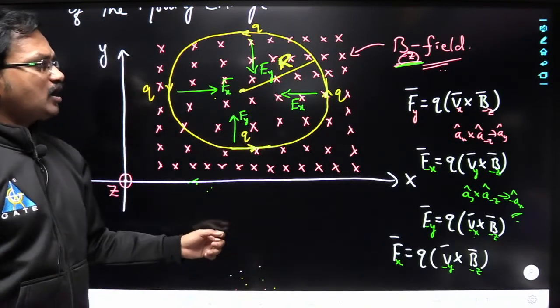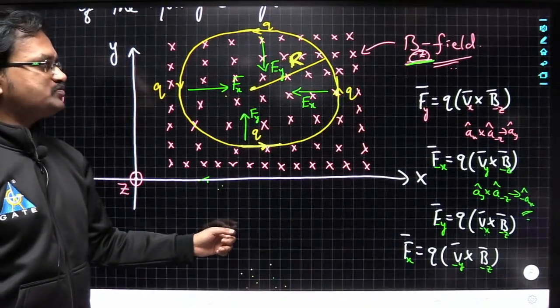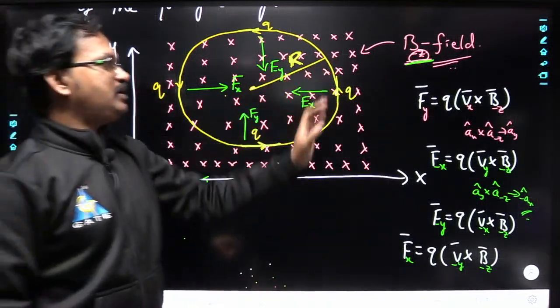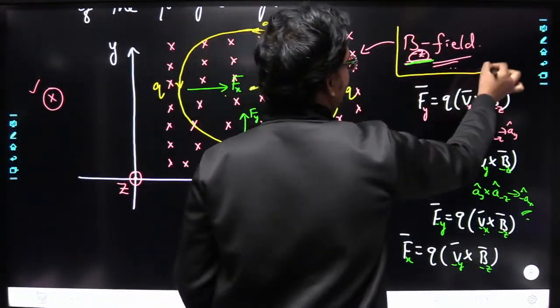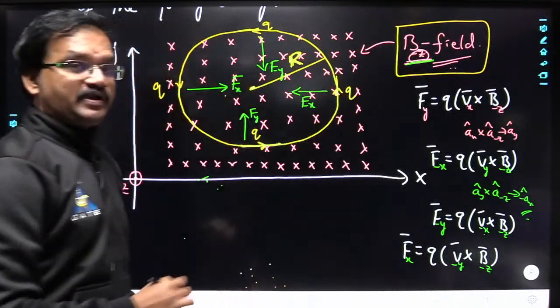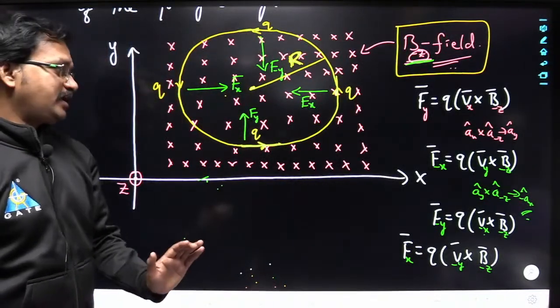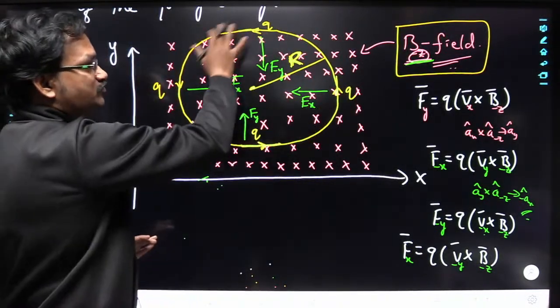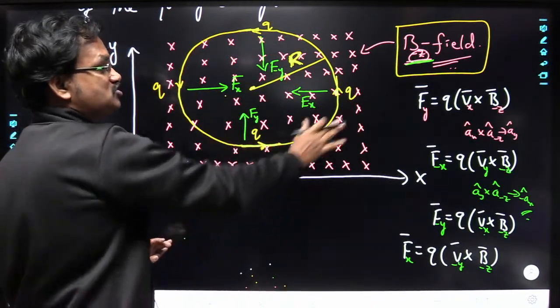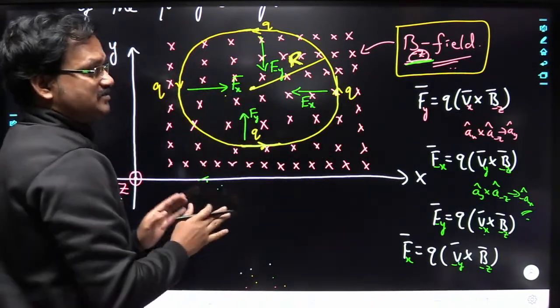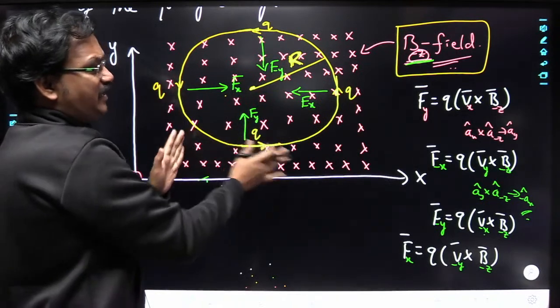Right. Okay. Now here what you have to observe is, the B field is pointing in which direction here? In the negative z direction. And the velocity of the charge carrier is present in which plane here?